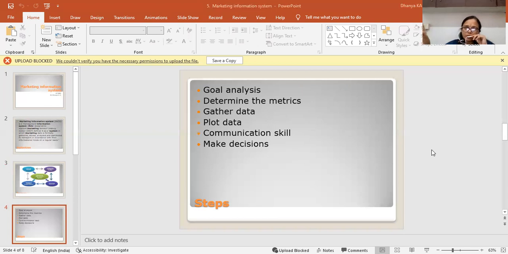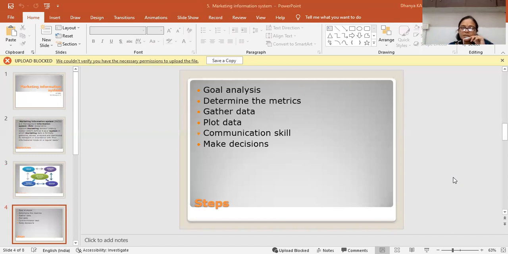This data will be plotted, and here comes the importance of the technology being used. Proper communication will be used for sharing this data, and then decisions will be made on the basis of this.